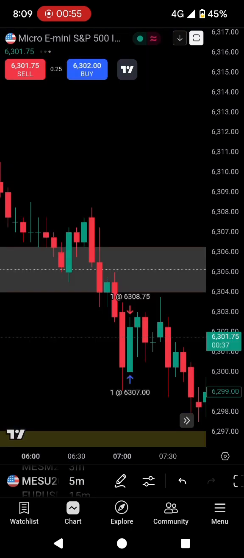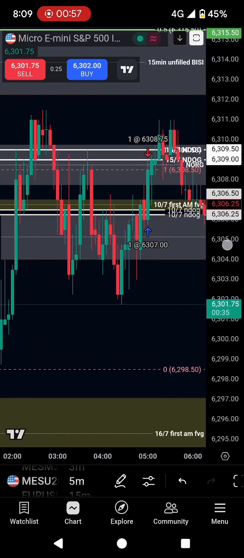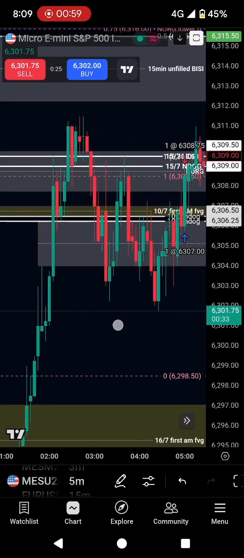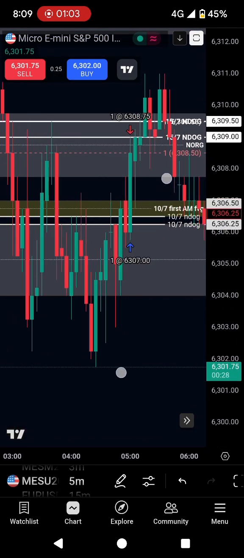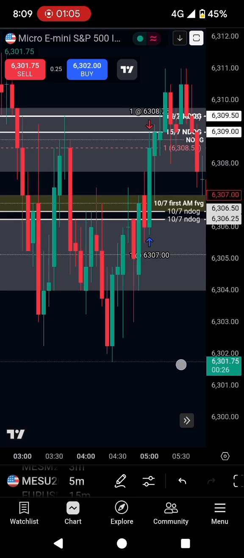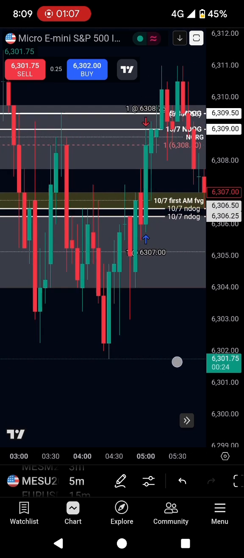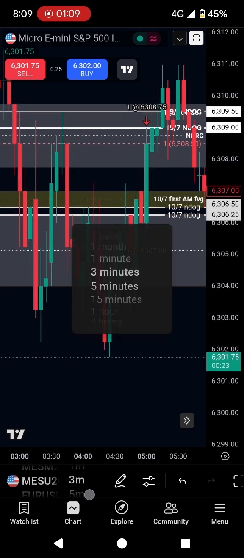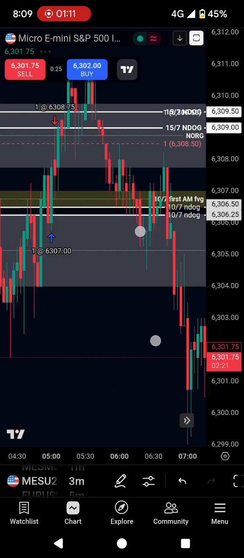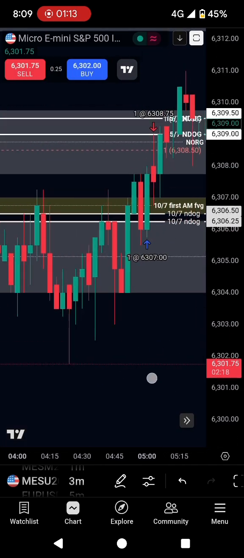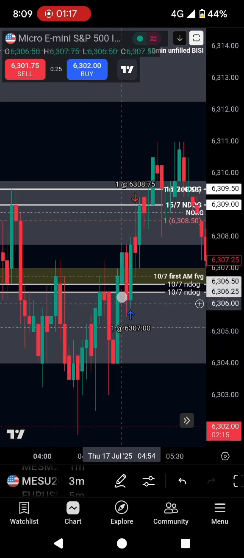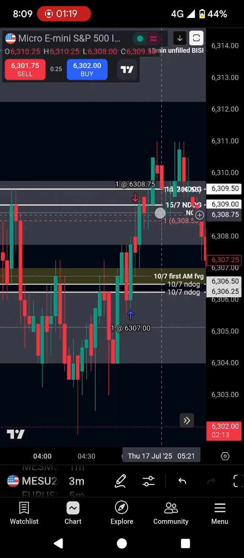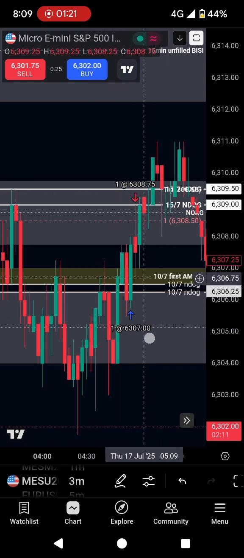So 5-minute, so where was it? 3-minute. Okay, we got a market structure shift, fair value gap, then the draw is up here.